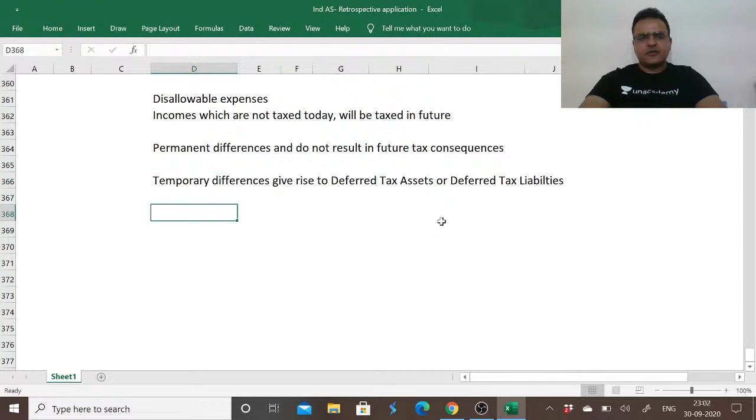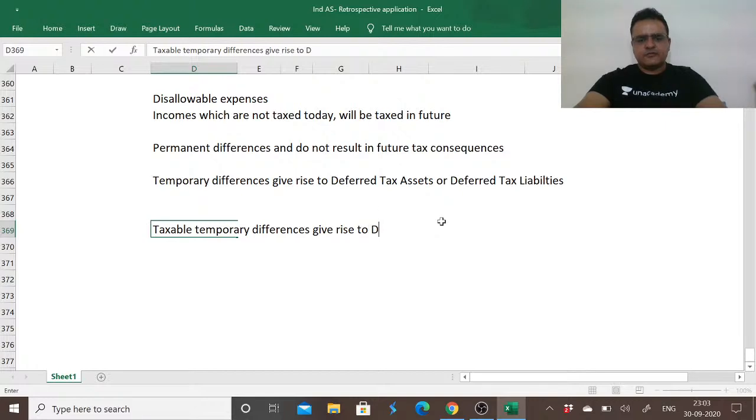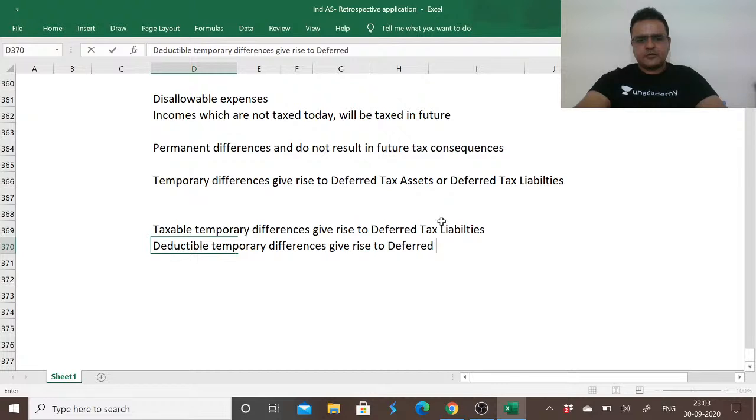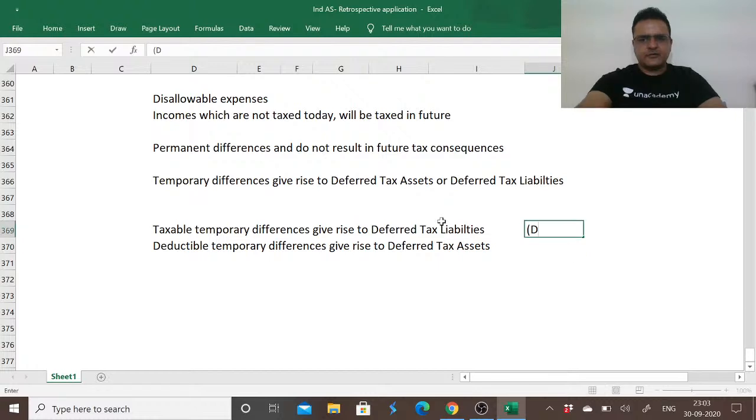So there are two types of temporary differences: taxable temporary differences give rise to deferred tax liabilities, and deductible temporary differences give rise to deferred tax assets. In other words, DTL and DTA.